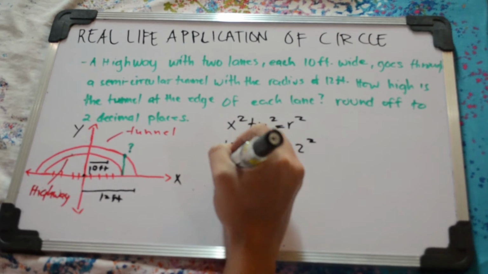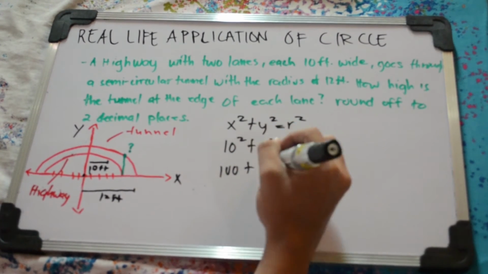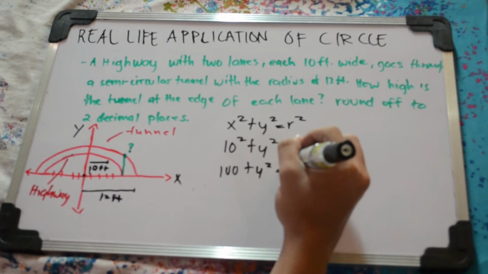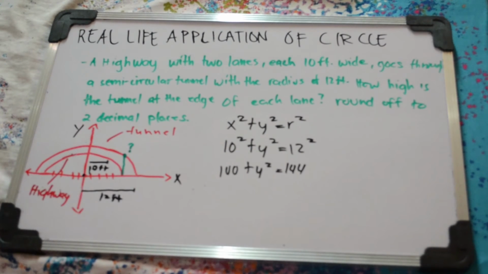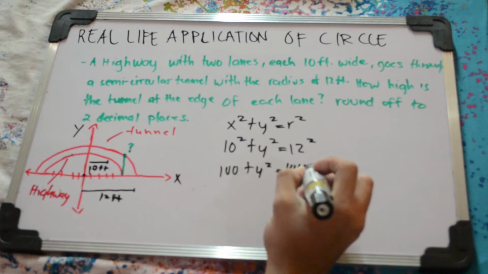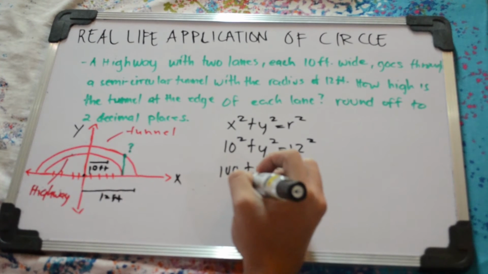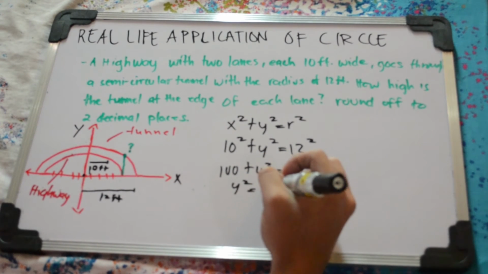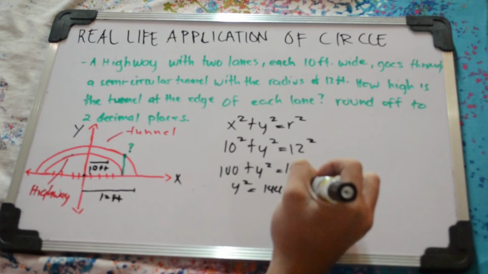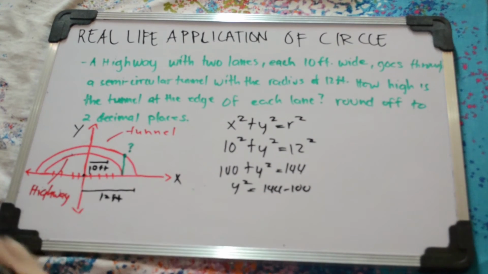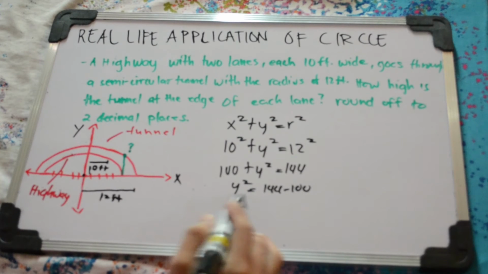So it becomes 100 plus y squared is equal to 144. Then transpose 100 here, so it will become y squared is equal to 144 minus 100 to isolate the y squared, because this is what you want to find.